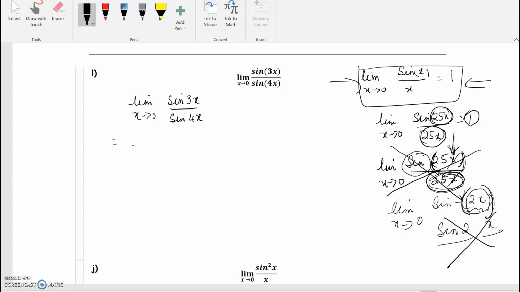So what we do is we go limit as x approaches 0, sine 3x divided by, and what is it that we would want here in order to make it a 1 as x approaches 0? Whatever the angle here is, copy that number and write it here. You multiply and divide by the exact same number, so you're not changing the function.